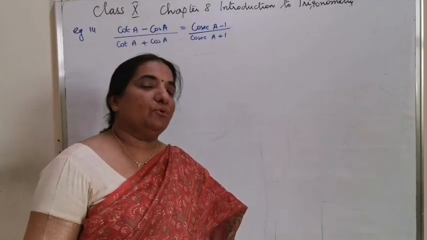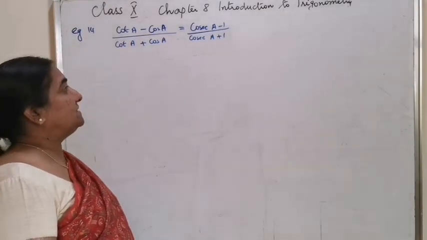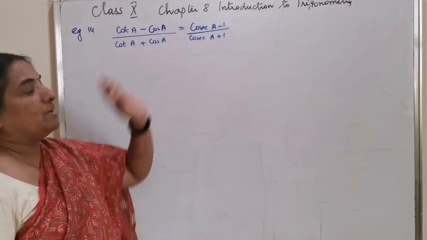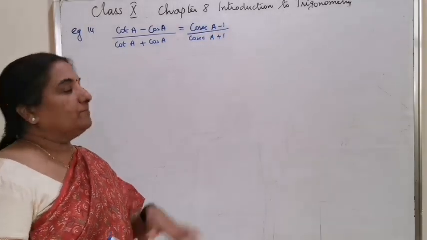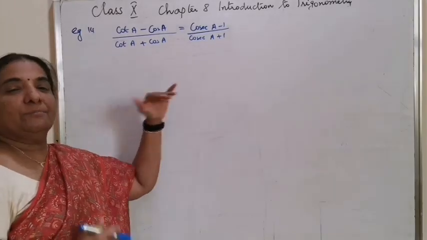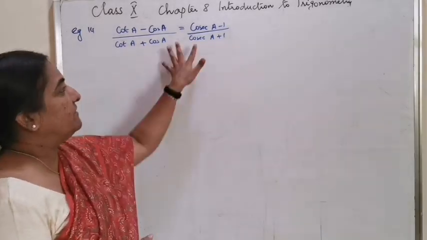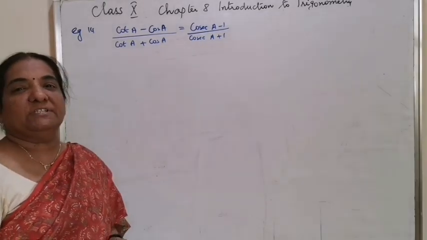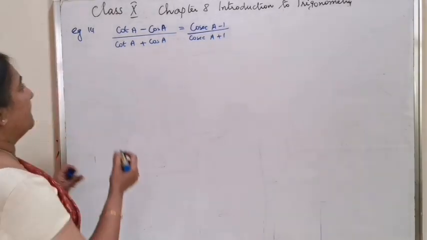Example 14, prove that cot A minus cos A by cot A plus cos A is equal to cosec A minus 1 by cosec A plus 1. Now by this time you will be understanding that either one side has to be reduced or both sides have to be done. This question is very clear that you may have to do both the sides and get the same answer as LHS and RHS.